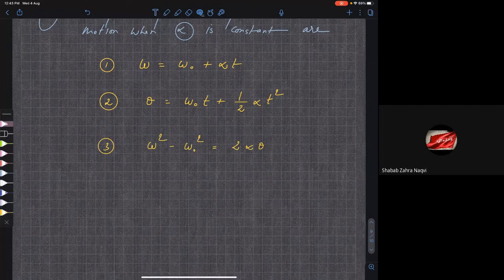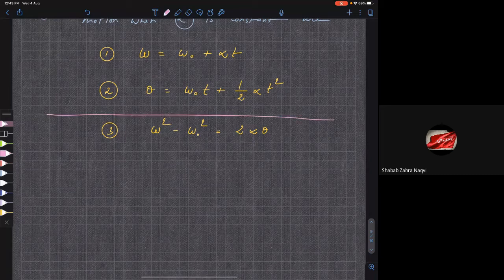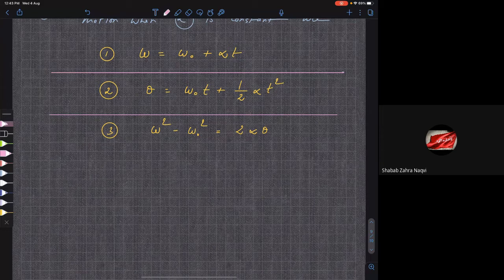Very easy. These are the same as the three equations of motion. So no special thing is required to remember this.